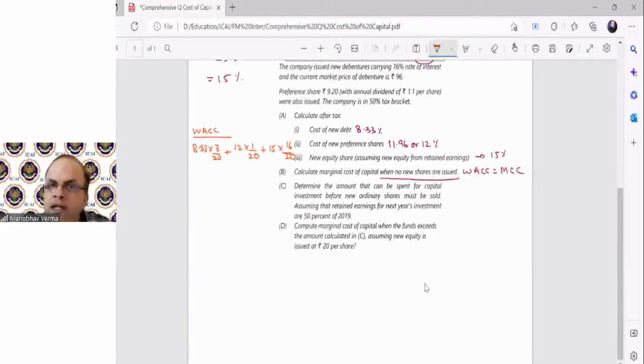Guys, can anyone tell me the answer here? Okay, someone says it's 13.85. So we're done with question number B also.